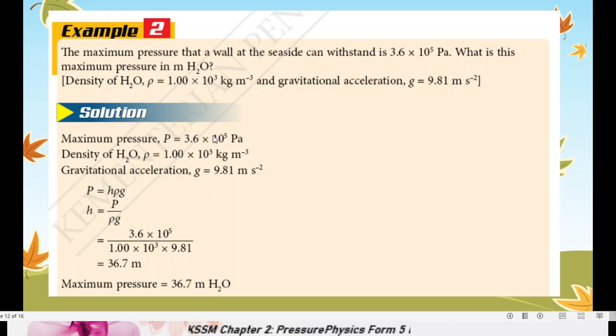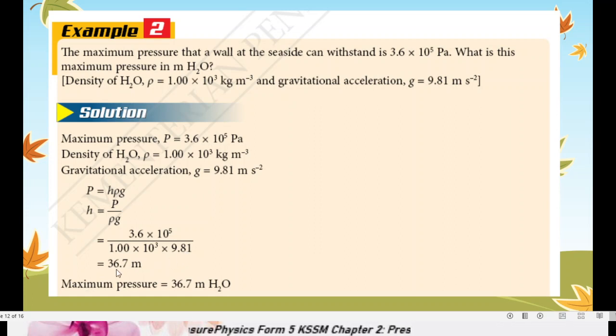So the maximum pressure is 3.6 times 10 to the power 5 Pascal, density rho equals 1000 kilogram meter to the power negative 3, and g is 9.81 meter second to the power negative 2. We use the formula P equals H rho g. Thus we get H equals P divided by rho g. The value of P is given, so you just substitute here, divide by density of water, divide by g.